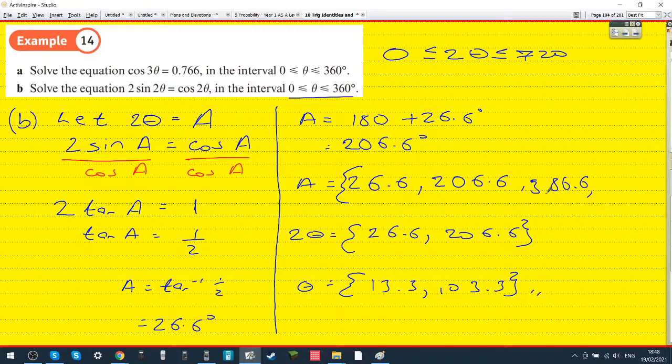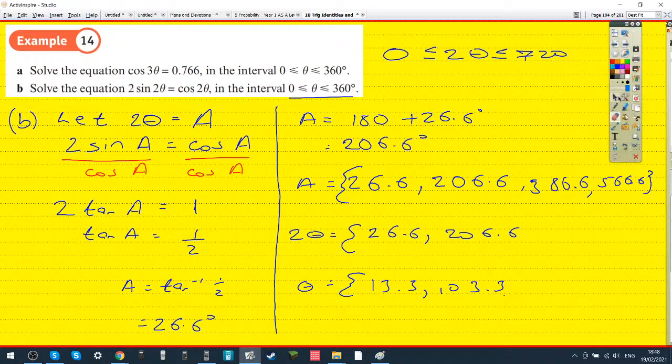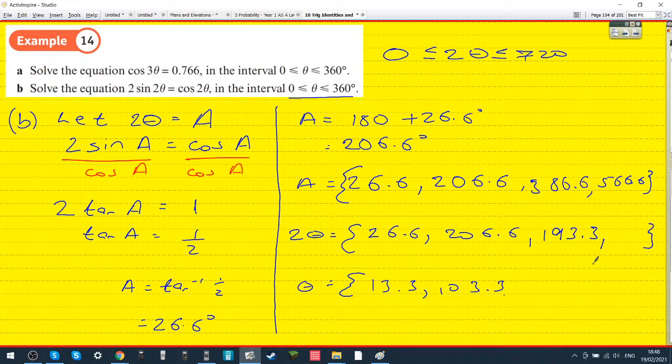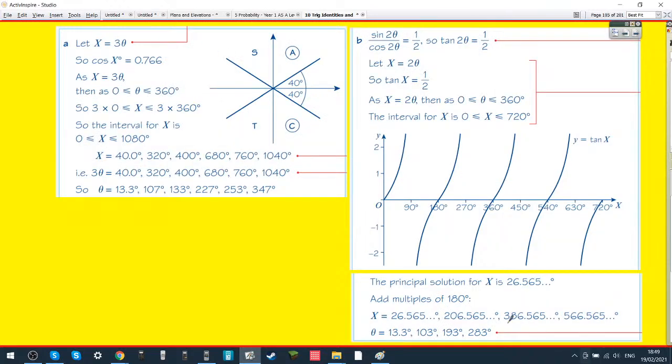And 566.6. And so get the additional solutions for those two. Divide by 2. You get 193.3 and 283.3. 283, 193, 103, 13.3. Yep.